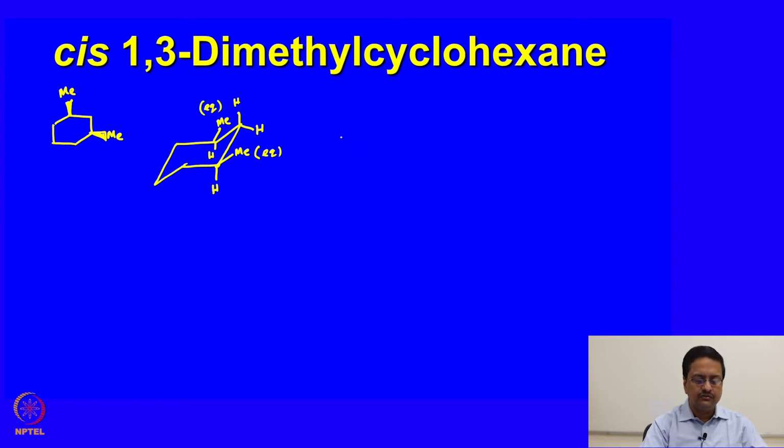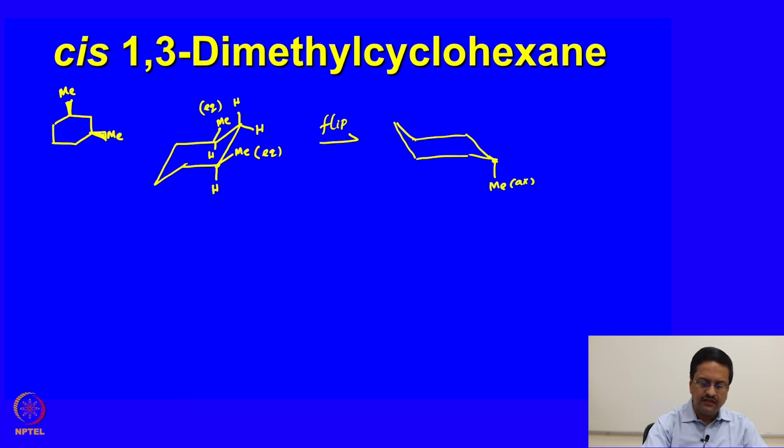So now when we try to flip the chair, what would happen is that the methyl group on this carbon will come down to the axial position. The hydrogen will be in the equatorial position.